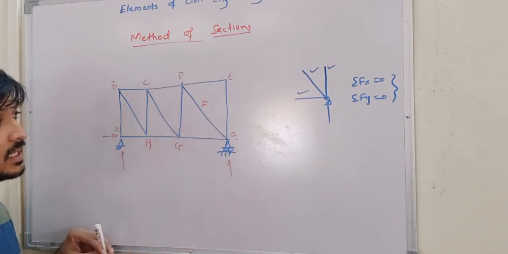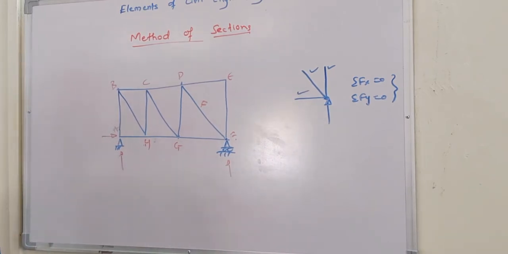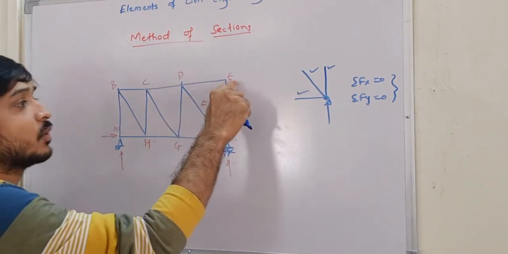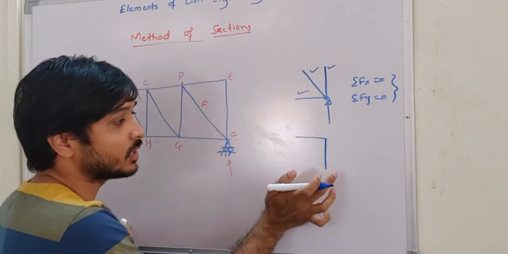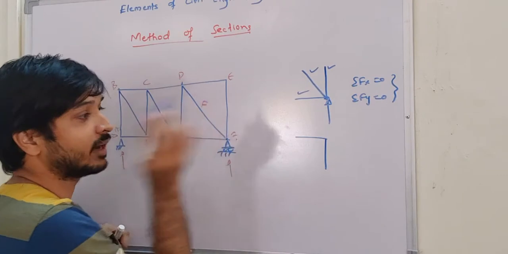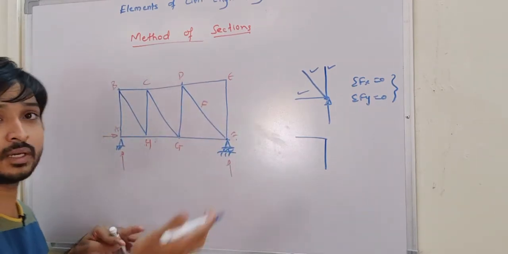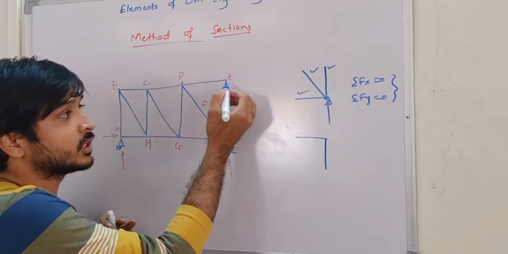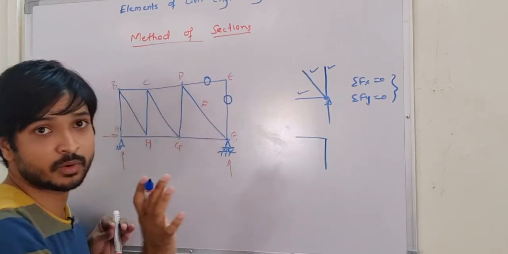But in this case, by using method of sections, or even you can start from this point E. Here only two members we have, and I told you which members. If they ask you to identify the members whose force is 0, here there is no force at all. So this member force is 0, this member force is 0.